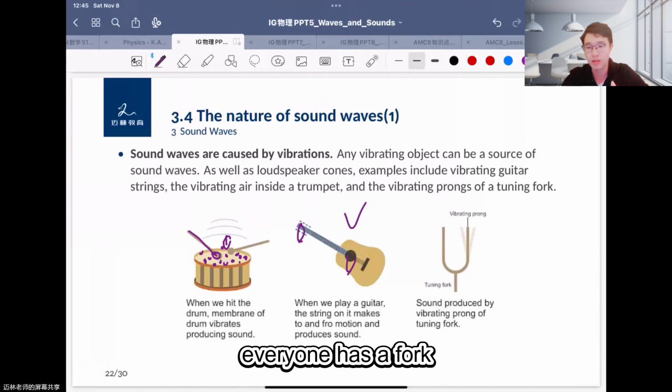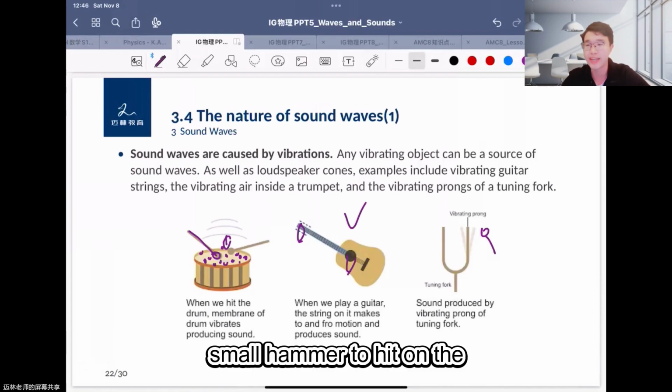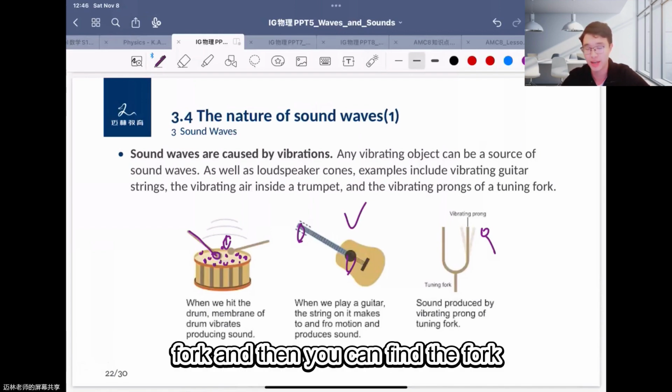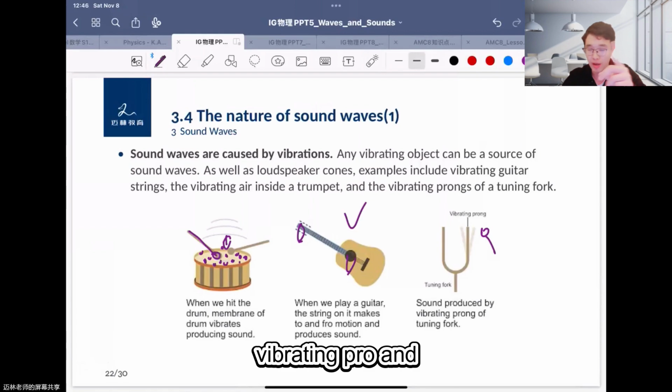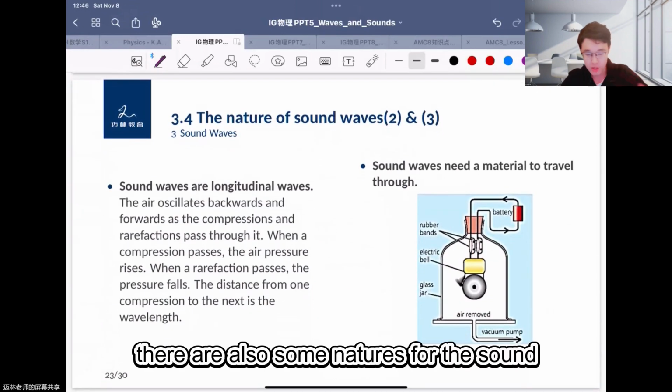Everyone has a fork, and you use a small hammer to hit the fork, okay? Then you can find the fork's prongs vibrating, and it has a very sharp sound, okay, for the tuning fork.